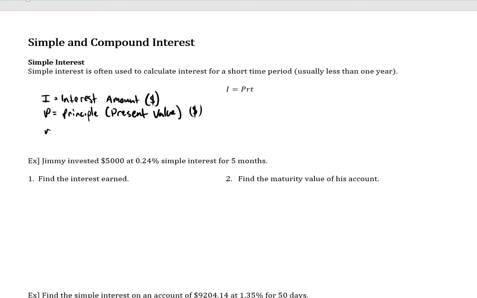The little r there is the interest rate, and it's usually given as a percent, but we often need to convert it to a decimal.